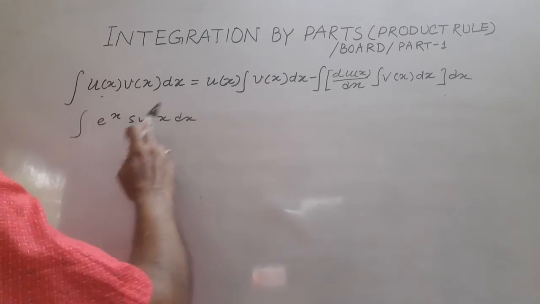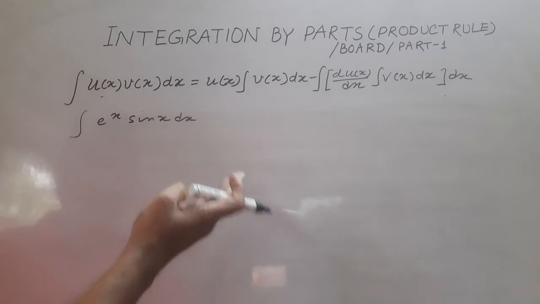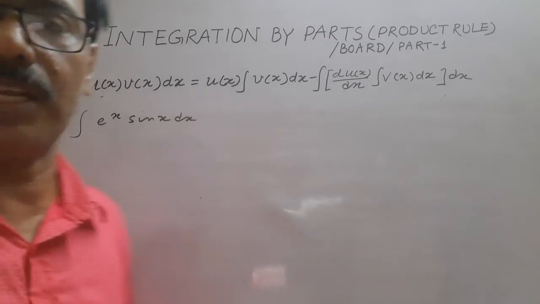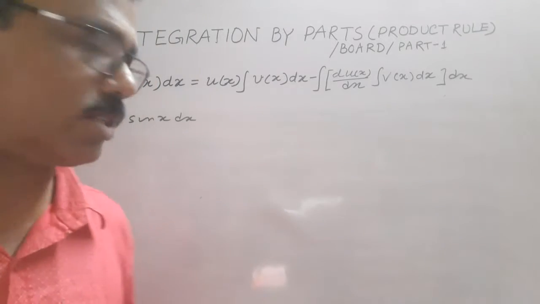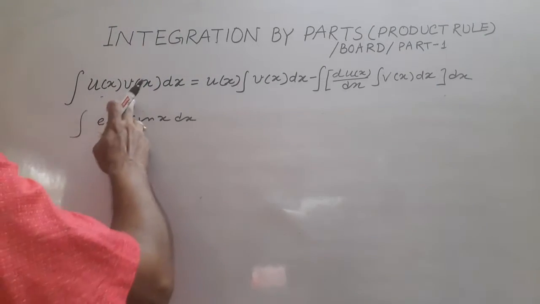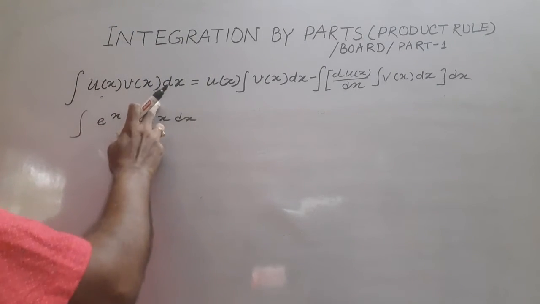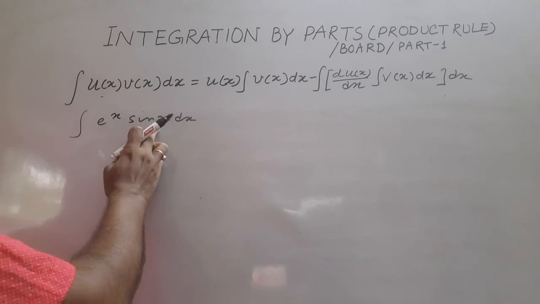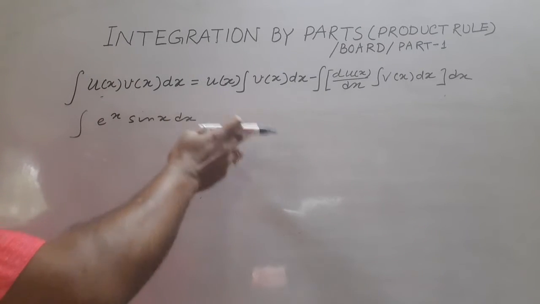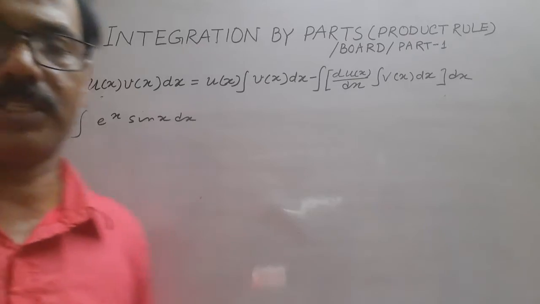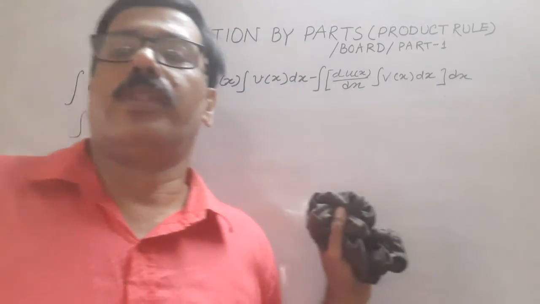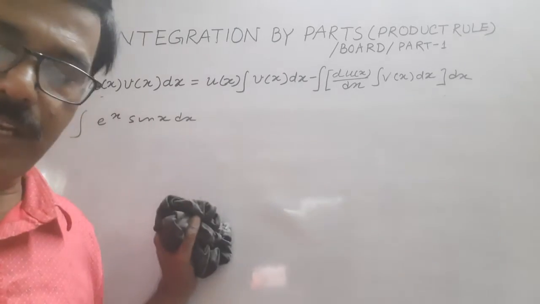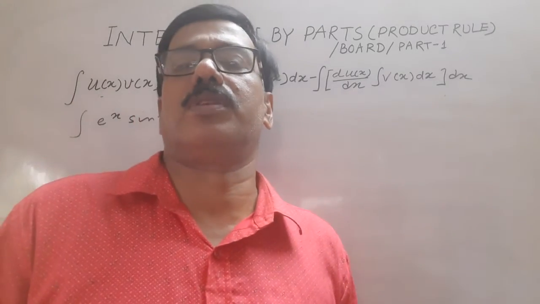If there is x square, then the derivative is 2x, then the second derivative is a constant, so it can be finished. But here, if we differentiate sin x, we get cos x, then sin x, then cos x, repeated differentiation, and in no step is it finished.